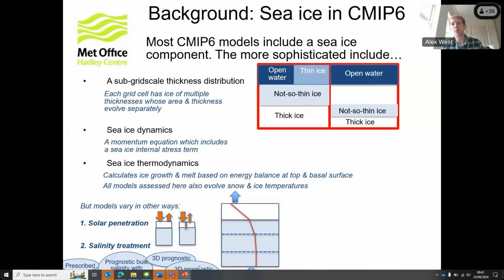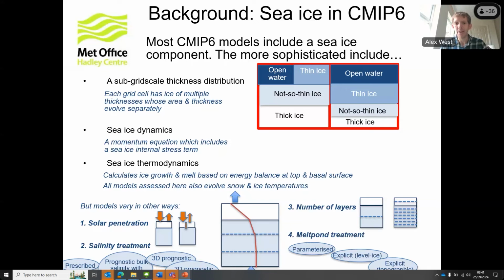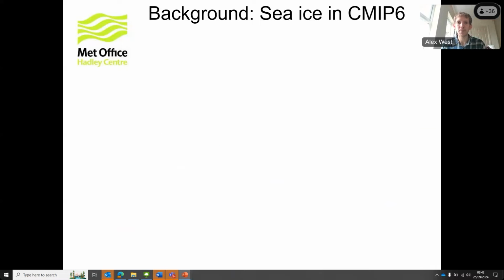But basically, these models have a layer at the base of the ice that's a mix of ice and seawater, which will be quite important, as we'll see. Obviously, they vary also in the number of layers they permit. And they have different ways of treating melt ponds as well, meltwater that forms on the ice in the summer. Some of them parameterize it. Some of them model it explicitly in various different ways.